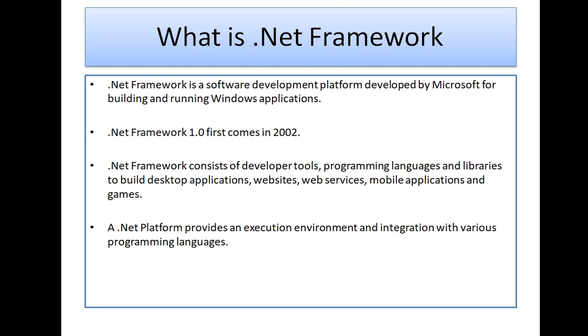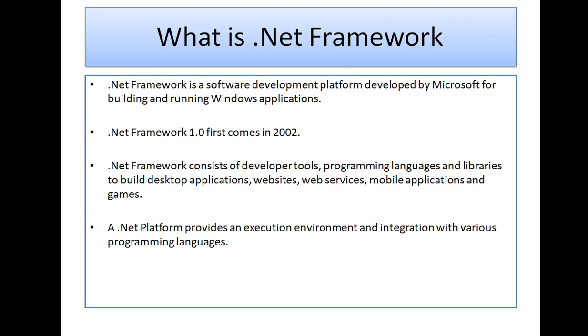Now Microsoft developed that Windows operating system itself, and then Microsoft developed this .NET framework to develop applications which are able to run in the Windows environment. Okay, so I think the first point is pretty clear.